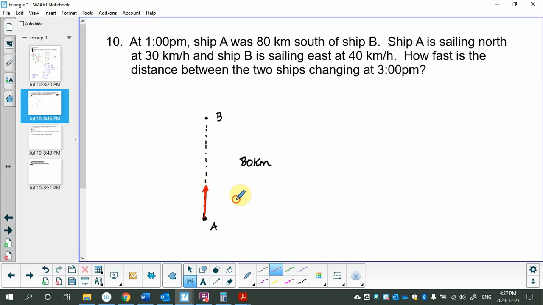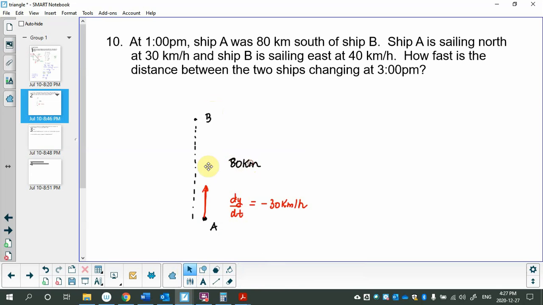So because this is the up and down, I'm going to call that dy by dt. And because this distance is getting less and less and less, I'm going to say that that is negative 30 kilometers per hour. Ship B is sailing east. Obviously, I need work on my north, south, east, west.